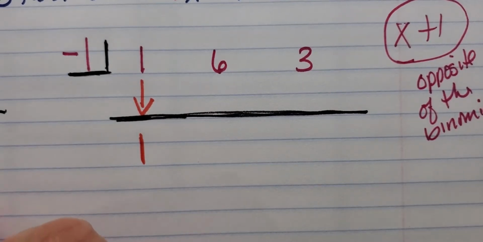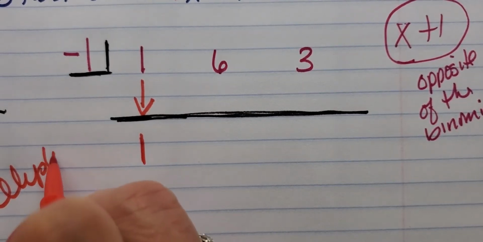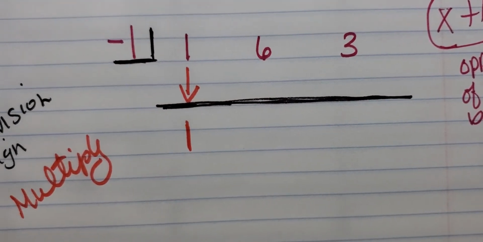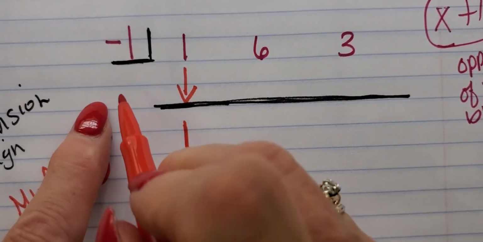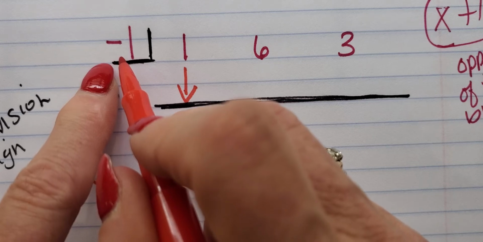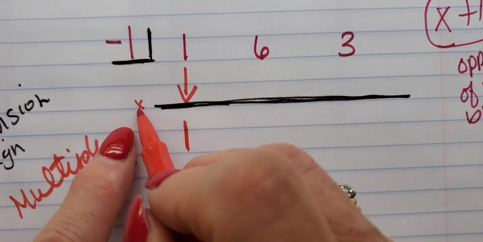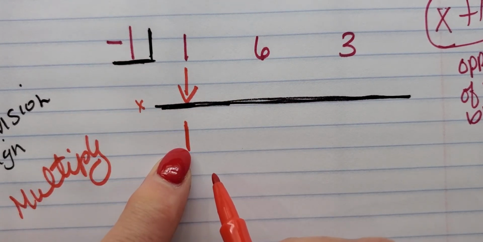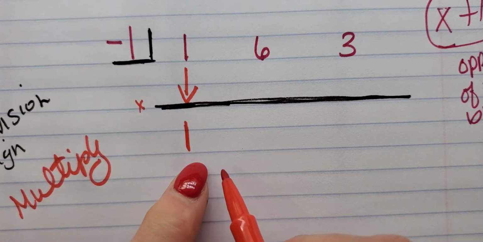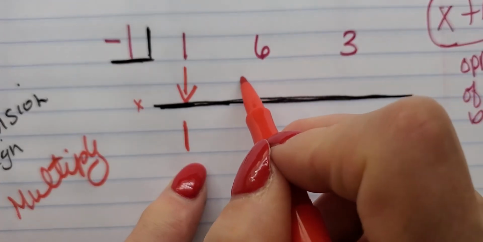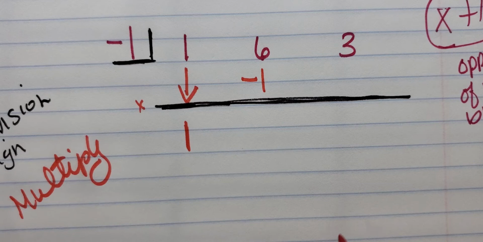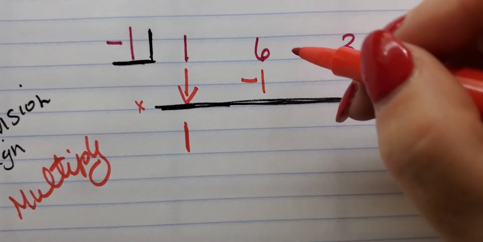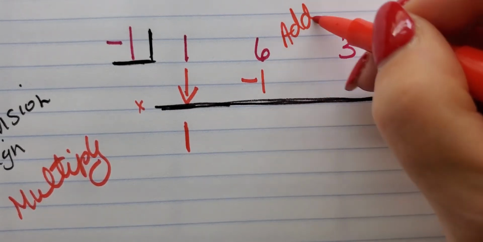Now we want to multiply, because that's what we do in division. We start multiplying. So I'm going to go -1 times 1. Well, -1 times 1 is -1. Now what do we do after we multiply? We're going to add.